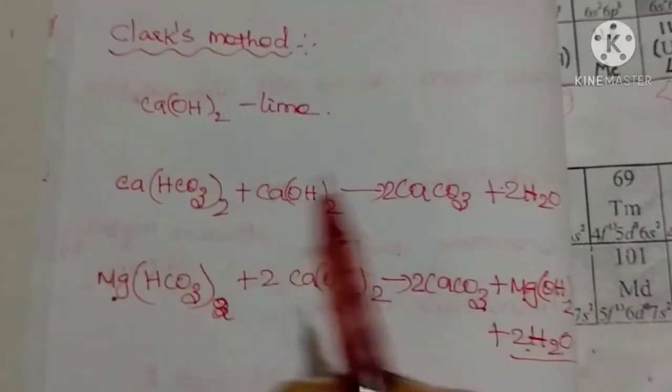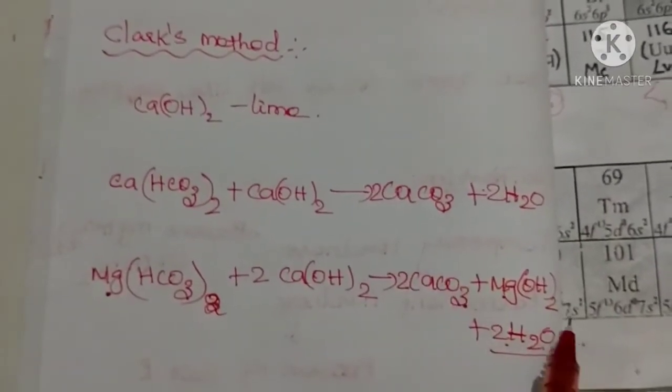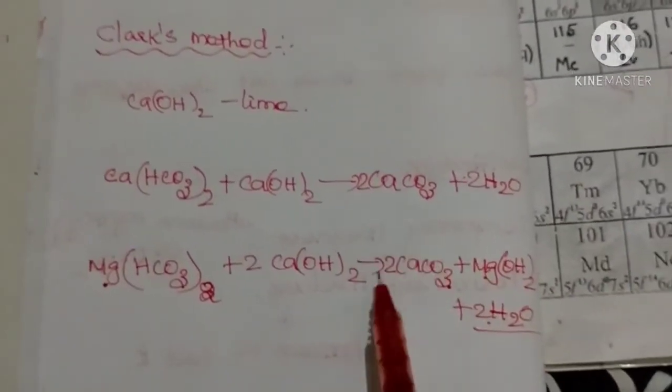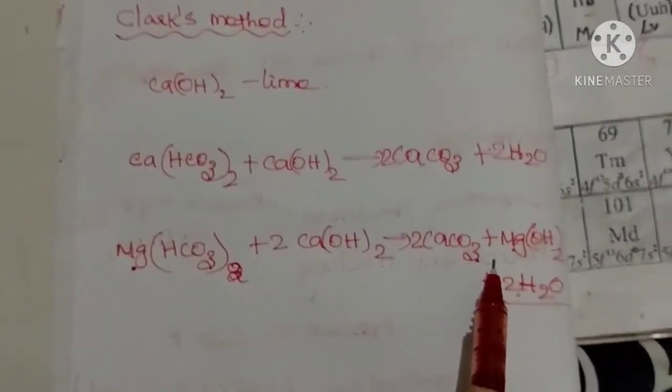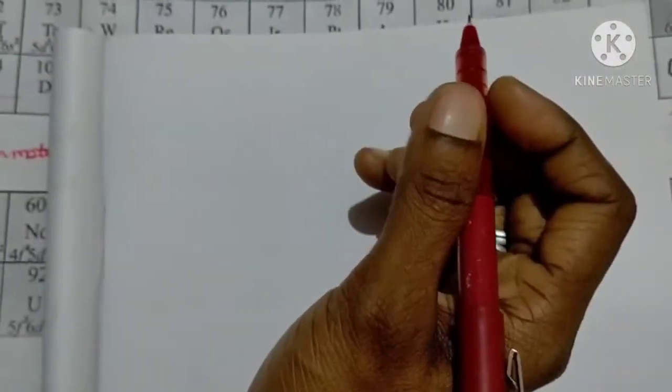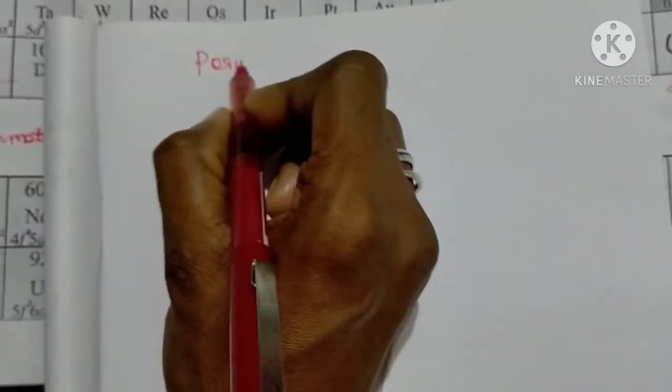So in Clark's method, by treating this temporary hardness of the water with lime, it separates out the hydroxide of magnesium and carbonate of calcium and removes the hardness from the temporary hard water. Separating out the hardness from the temporary hard water is completed. Next, we are going to see the permanent hardness of water, how it is removed.